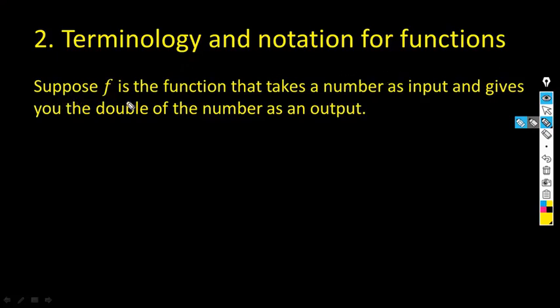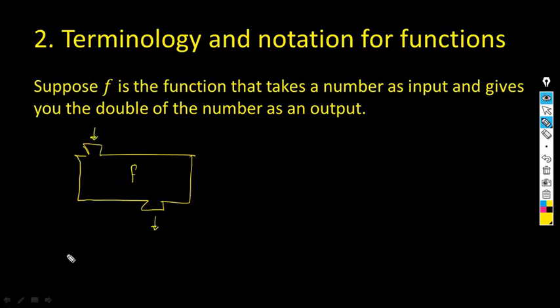So let's suppose this. Suppose f is the function that takes a number as input and gives you the double of the number as an output. We already talked about this function. That was the first function that we talked about. We called it f.